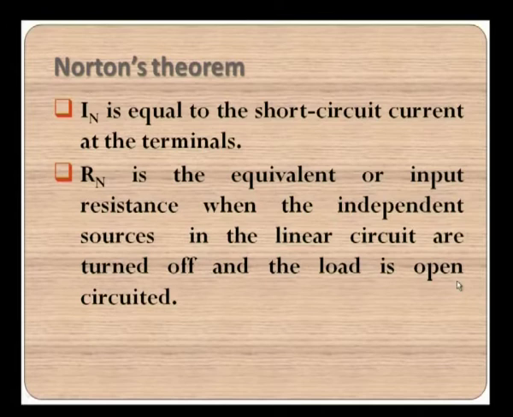Now how to find the equivalent current source? IN is equal to the short circuit current at the terminals, and RN is the equivalent or input resistance when the independent sources in the linear circuit are turned off and the load is open circuited.